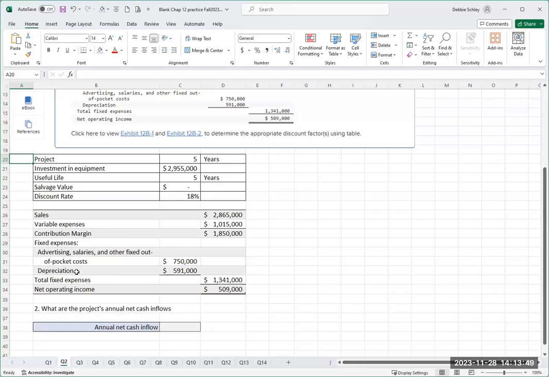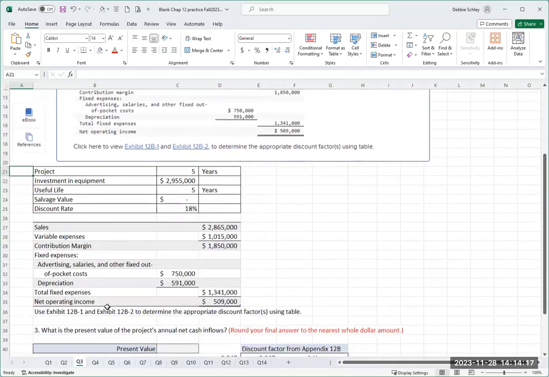Well, question 1, we just figured out depreciation does not affect cash flow, and net operating income has that subtracted out. So to get the annual net cash inflow, we simply take the net operating income and add back in the depreciation. So for mine, the annual net cash inflow is $1,100,000.